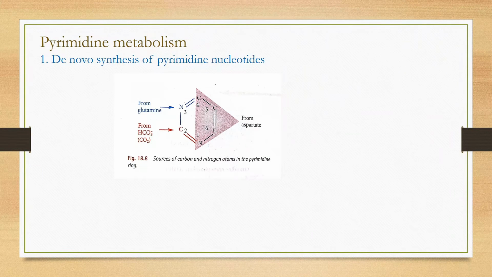The framework of the pyrimidine base is assembled from bicarbonate and the amino acids aspartate and glutamine.